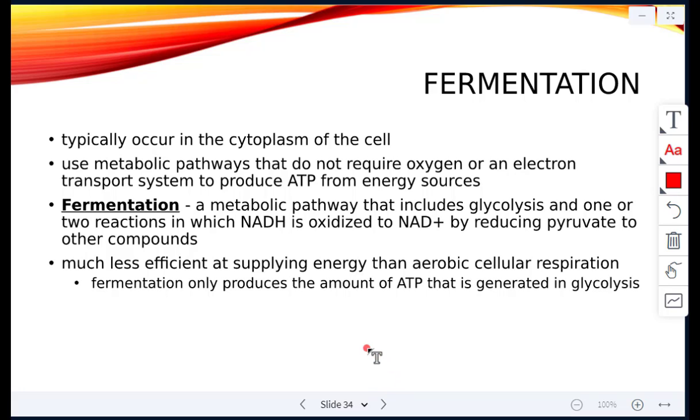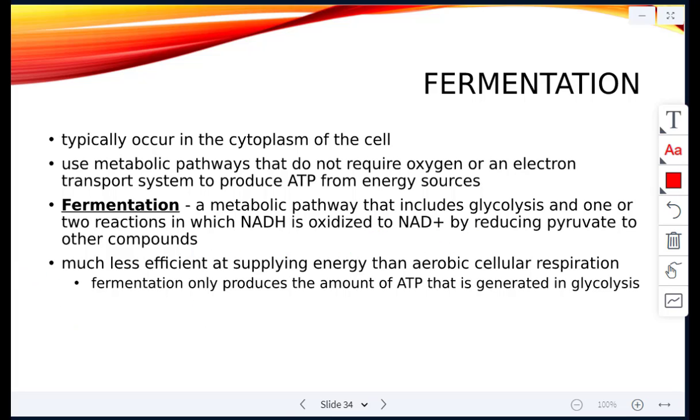So fermentation will occur typically in the cytoplasm of the cell, and it uses metabolic pathways that do not require oxygen or an electron transport system to produce ATP. Instead, there's going to be this process called fermentation. It's a metabolic pathway that includes glycolysis and 1 or 2 reactions in which NADH will be oxidized to NAD+ by reducing the pyruvate to other compounds.